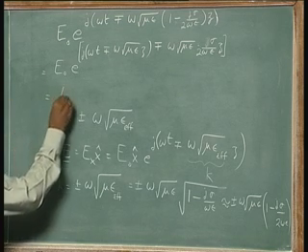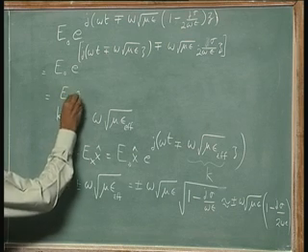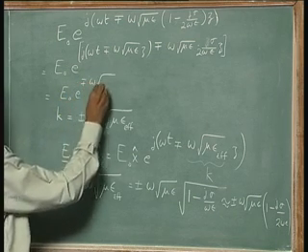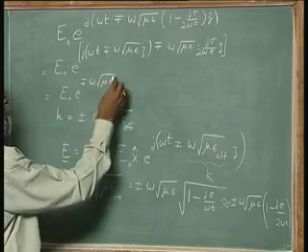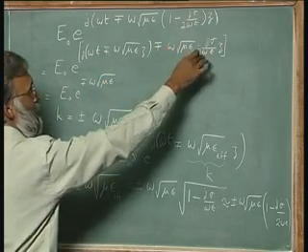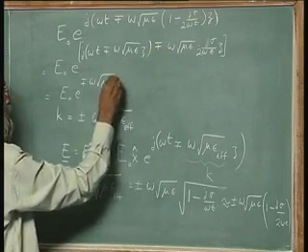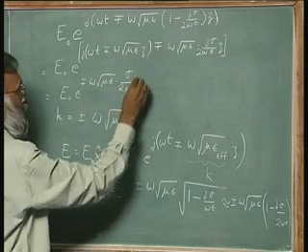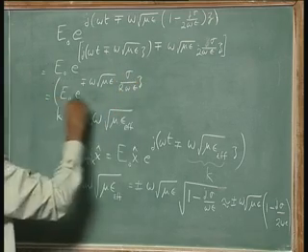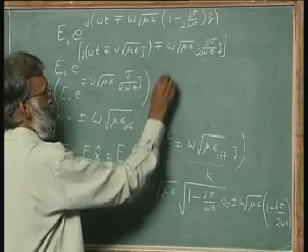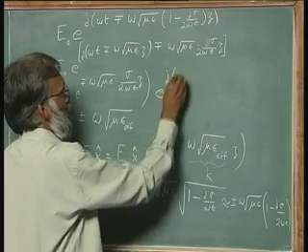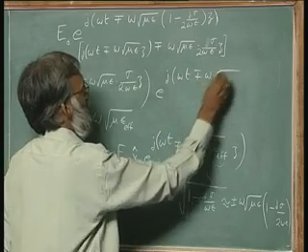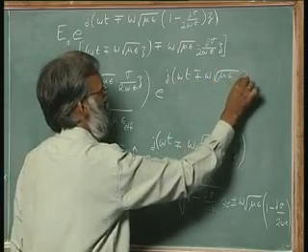So, I get E naught e to the minus plus omega root mu epsilon. Now, this omega will cancel actually, but I will write that out first, sigma over twice omega epsilon z times e to the j omega t minus plus omega root mu epsilon z.